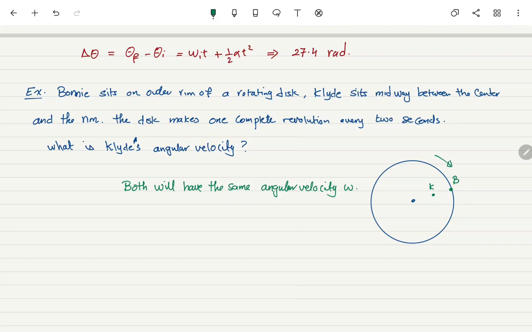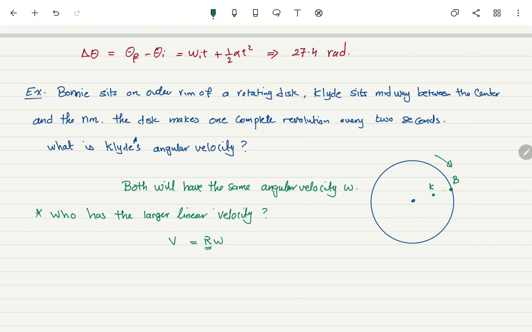Now in the same example here, who has the larger linear or tangential velocity? In this case, linear velocity or tangential velocity is equal to r omega. Now r here is the distance from the center.